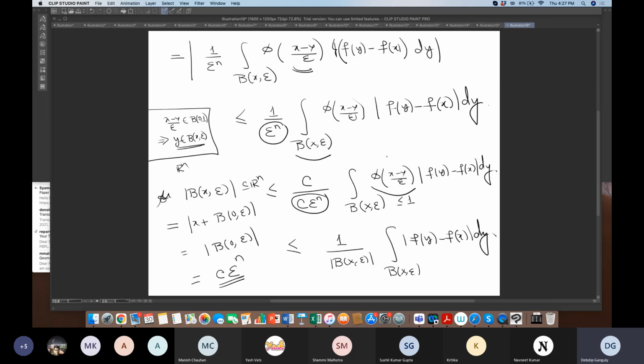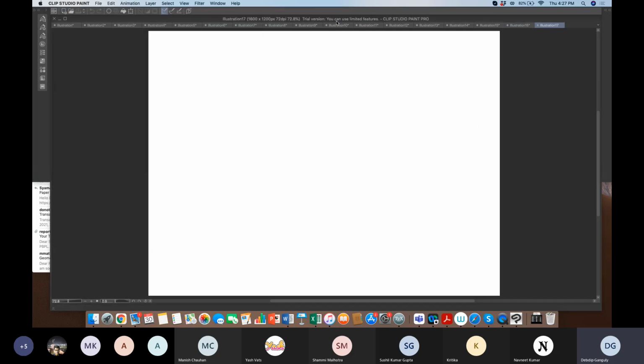Now what I have proved is the following: that f epsilon x minus f of x is nothing but 1 by some constant times the integral over B_x epsilon of f y minus f of x dy.